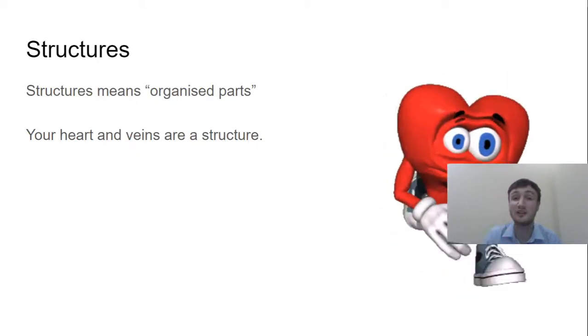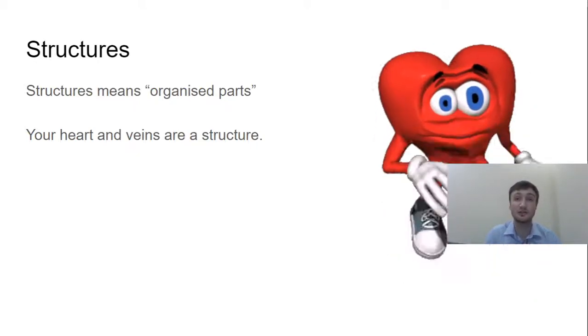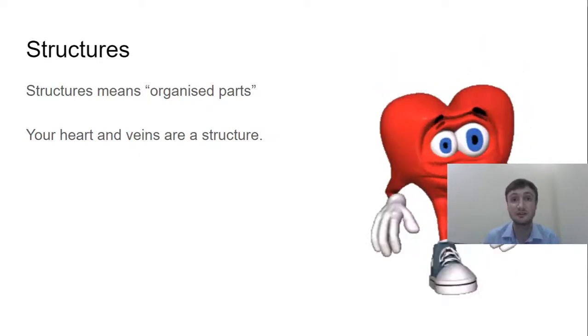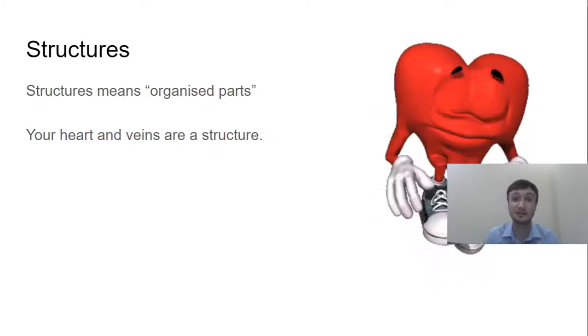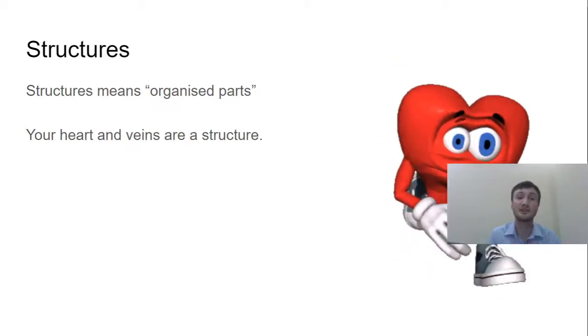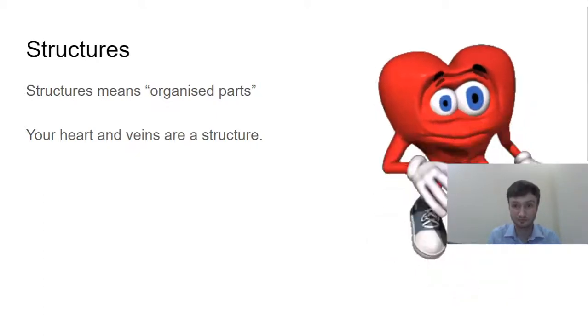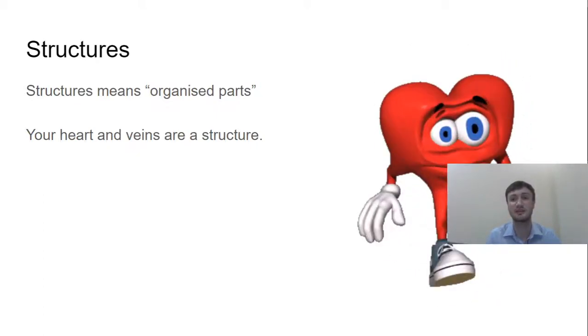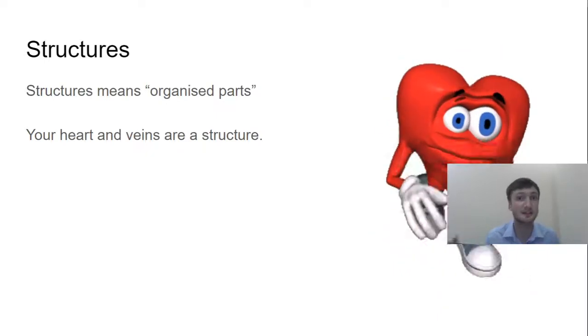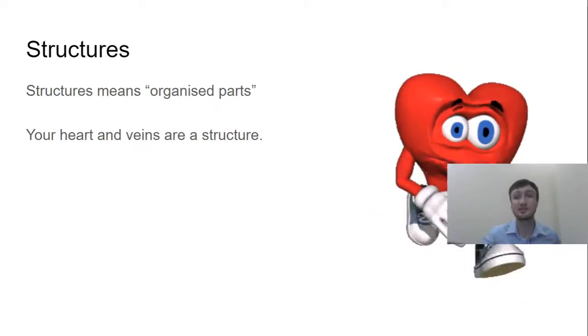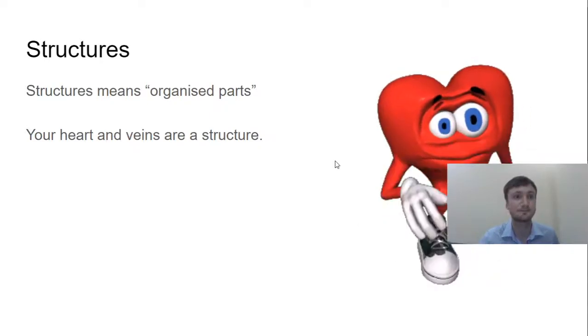So your heart inside you and your veins, you could call that a structure. Maybe your skeleton, that's a structure, because they work together to do something inside your body. So we're going to look at things that work together to do something inside of plants.